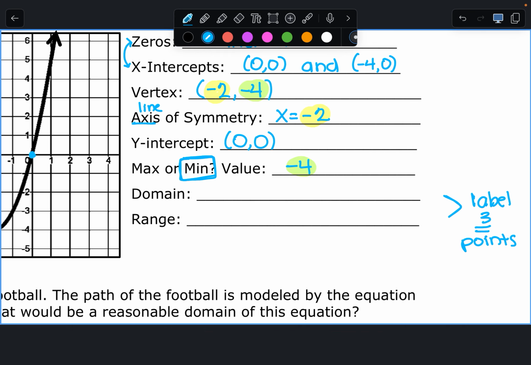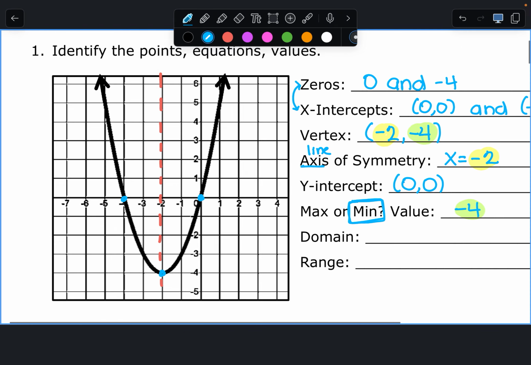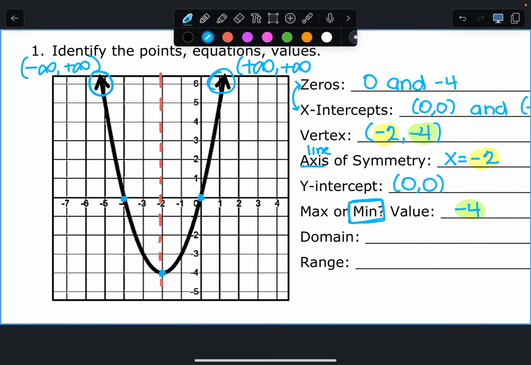So yes, label the ends and the vertex. Top left arrow is negative infinity. Top right? Positive infinity, and you also must label the vertex, which is (-2, -4).